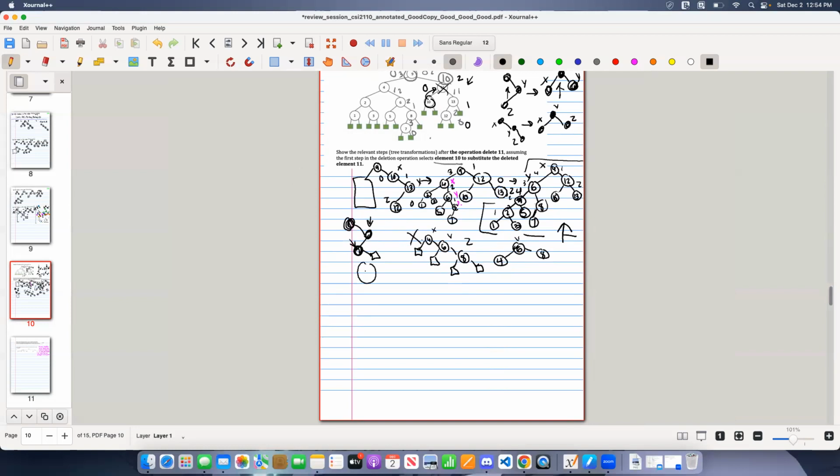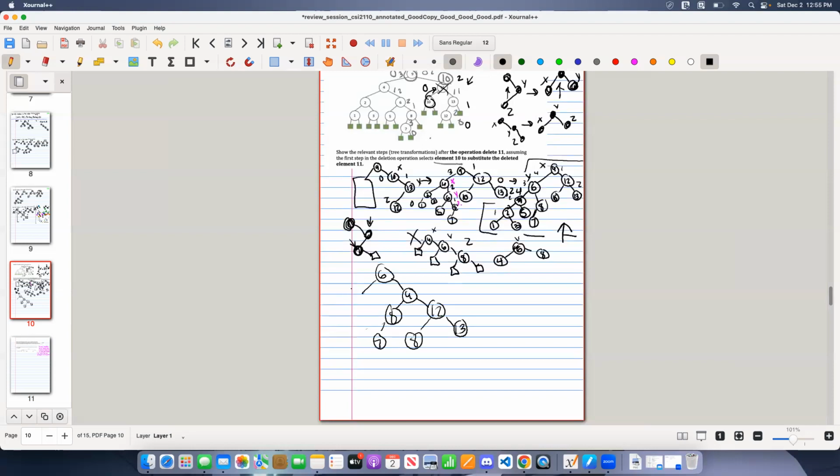We have, okay, so now this is just going to be 6 in the middle here. 6 right here. We're going to have 9. Okay, we're going to have 12, 13, then 8, then whatever is left of 9. Okay, this is going to be 8 right here. Then this is going to be 7.